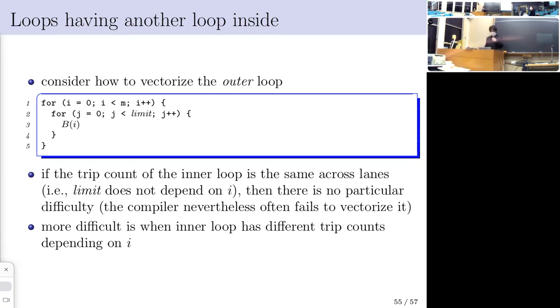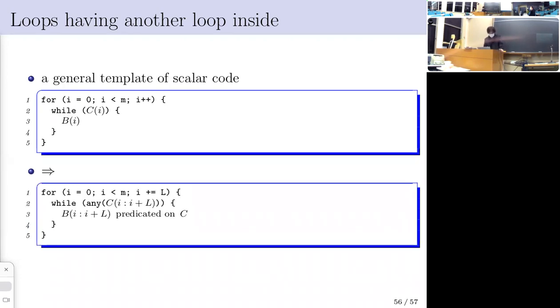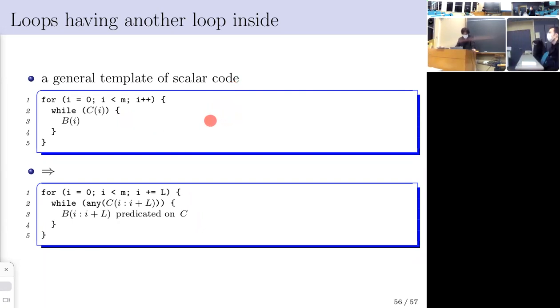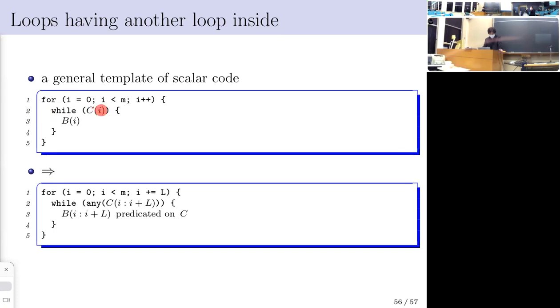You need to be able to write code that does something like that. But again, there's a template you can master. For the sake of generality, let's assume that the inner loop is a while loop that repeats as long as the condition C of I holds, and when this C becomes false depends on I. This is the situation we have to deal with.